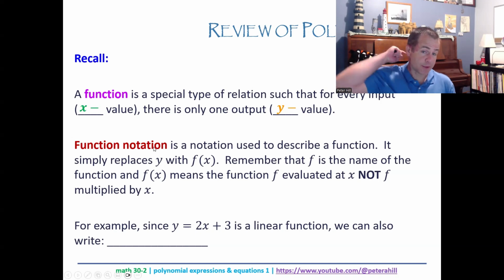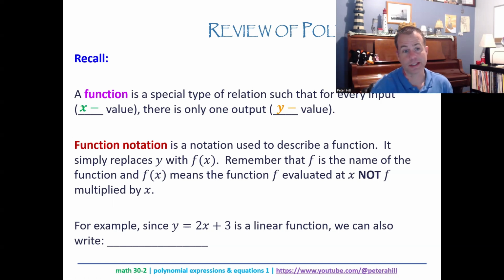Function notation, now this was also a specific note in grade 10. Function notation is a notation used to describe a function. It simply replaces y with f of x. Remember that f is the name of the function, and f of x means the function evaluated at x, not f multiplied by x.